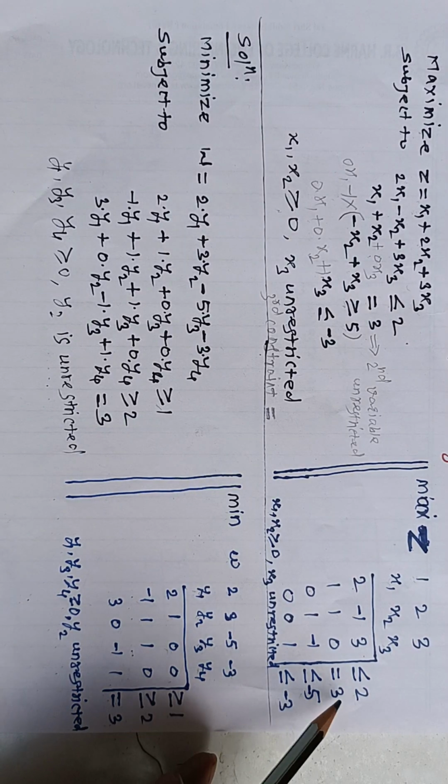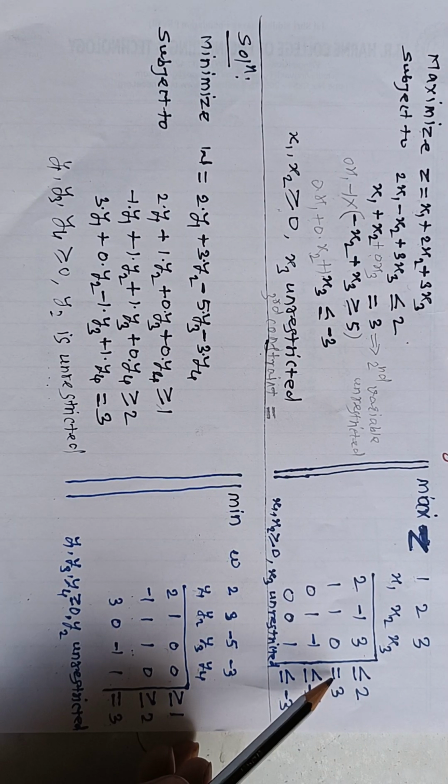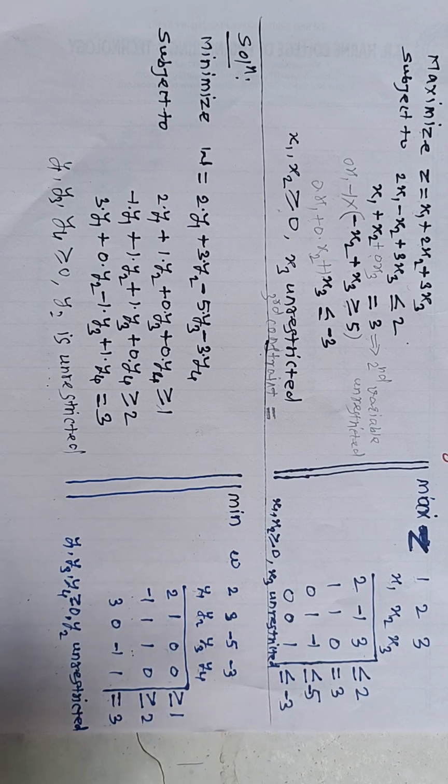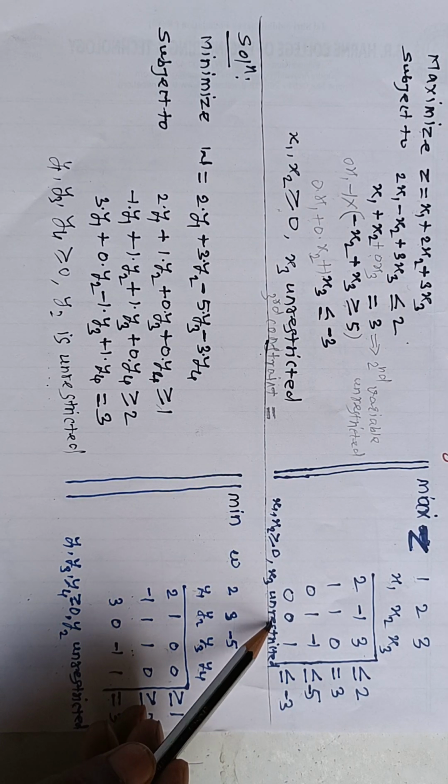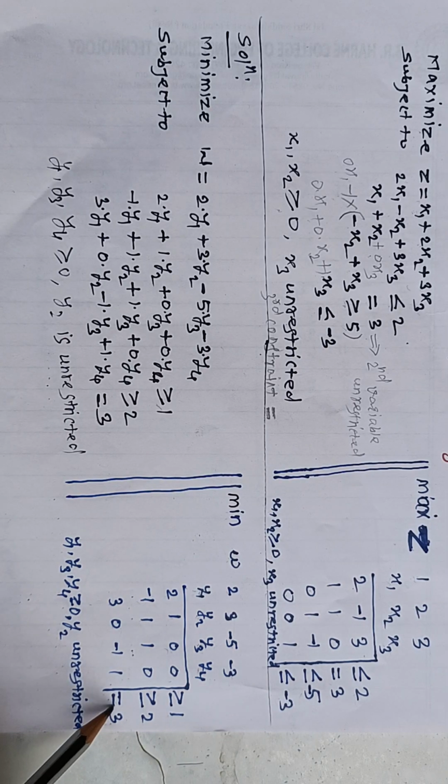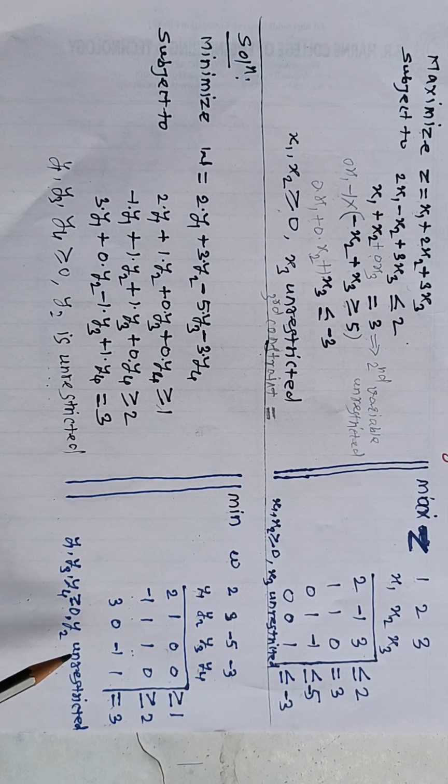And here the second constraint is with an equal to sign, meaning this y2, the second variable of dual, will be unrestricted. And here x3 is unrestricted, meaning the third constraint is with an equal to sign. Okay, this is the tabular form of the dual form.